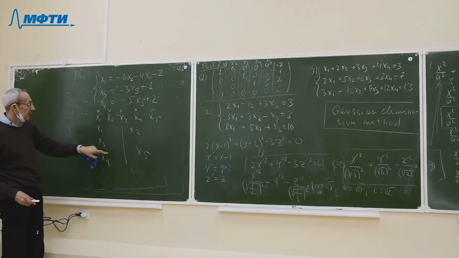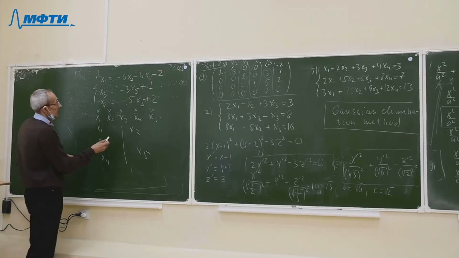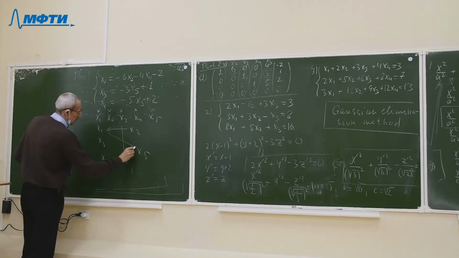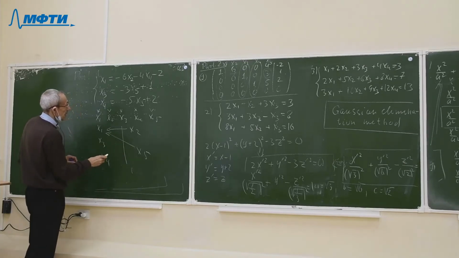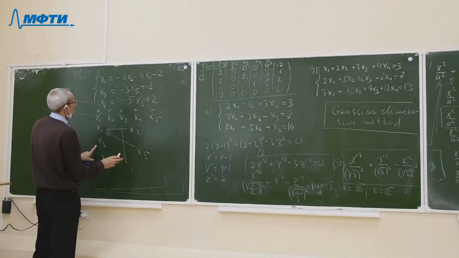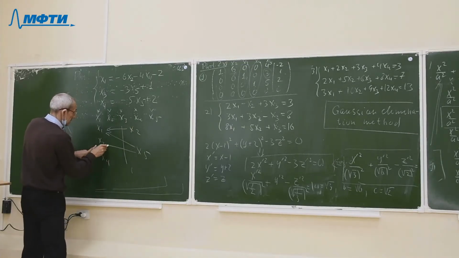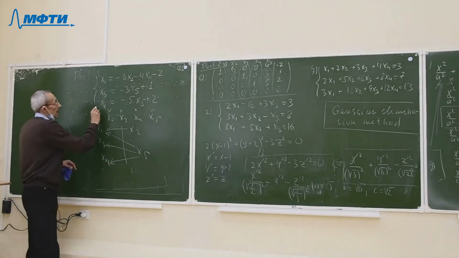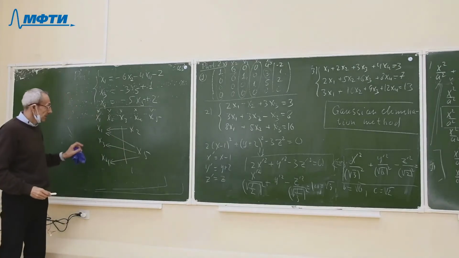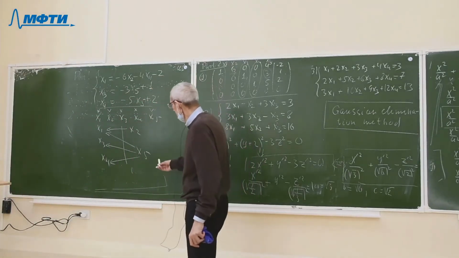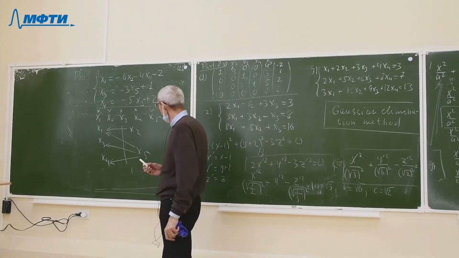And dependent variables are expressed in terms of independent variables. This is the exact expression for the relation between these variables.